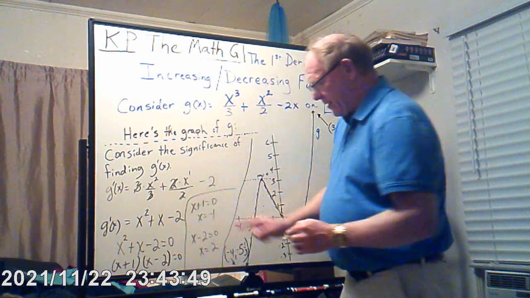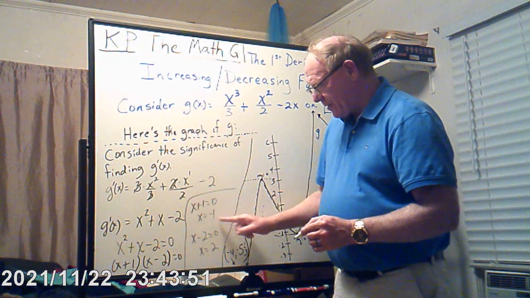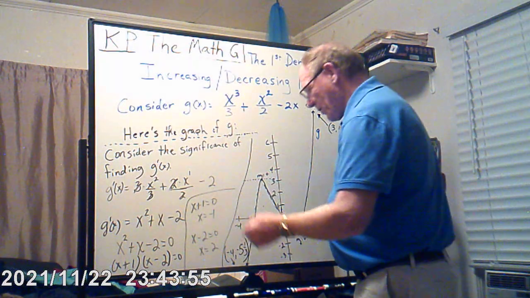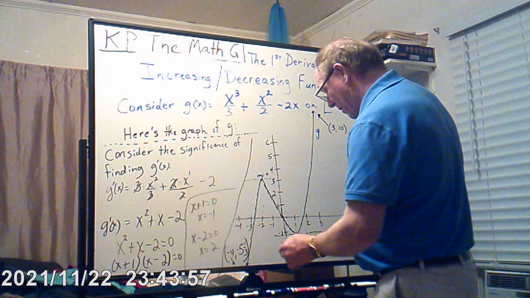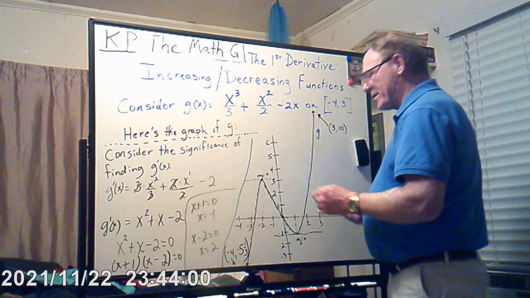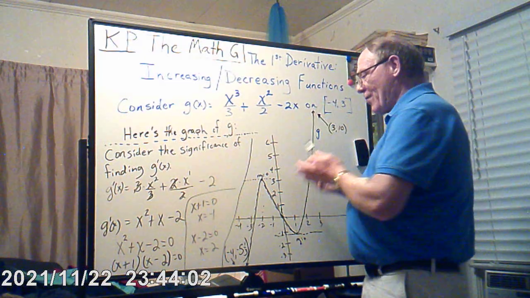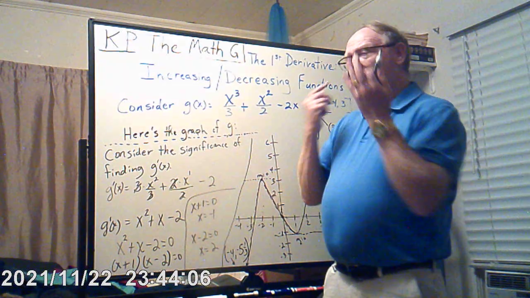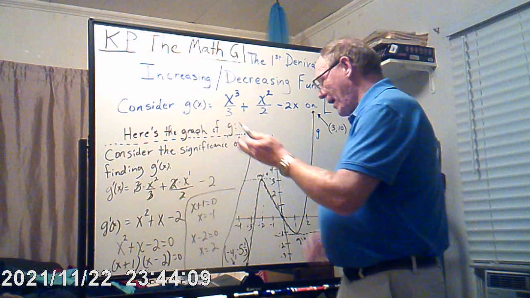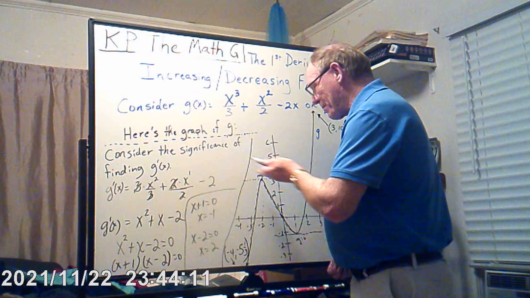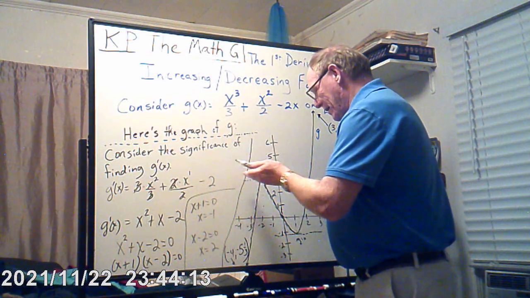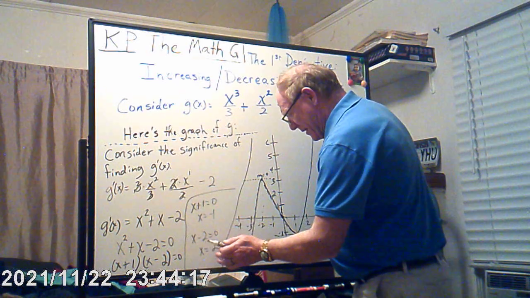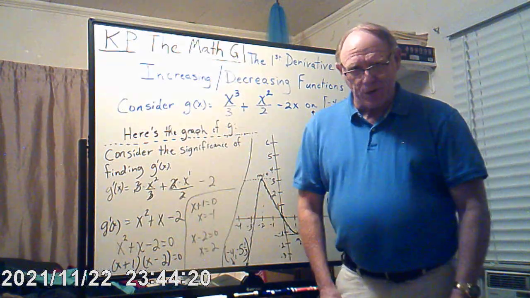See, all you've got to do is when you move the plus to the other side, it's negative. You move the minus to the other side, it's plus. So that's where your critical numbers are. We already found that on this graph, but I'm saying, what if we did not have this graph to look at? Now I know, even without looking, that if I have a horizontal tangent line, it's going to be at x equals -1 and x equals 2.